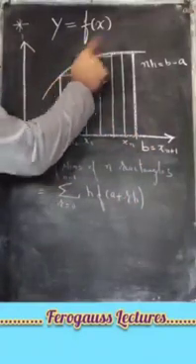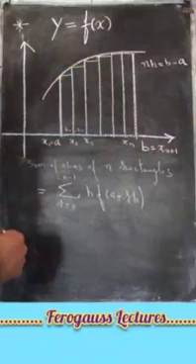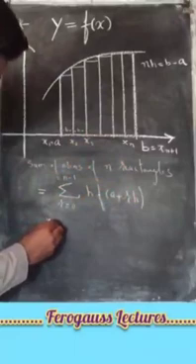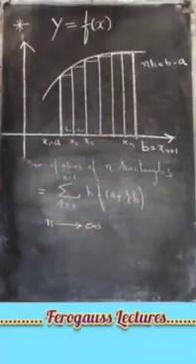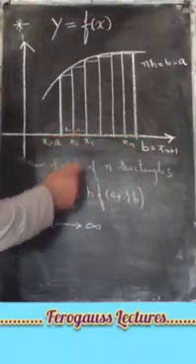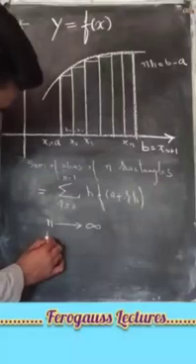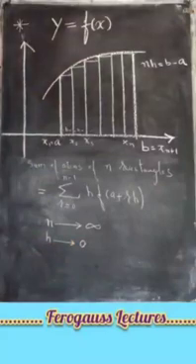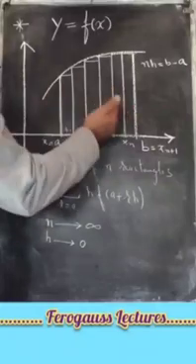Now, if we increase the number of rectangles, that is, if we take n very very large, or when n approaches infinity, in that case the width of each rectangle is reduced. When n approaches infinity, h approaches 0, h becomes very very small. So as you increase the number of rectangles, the width of each rectangle decreases.